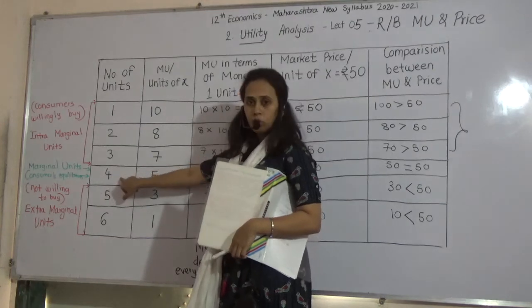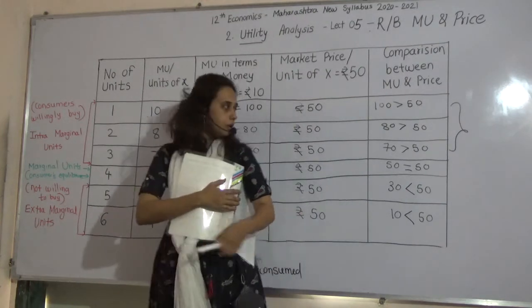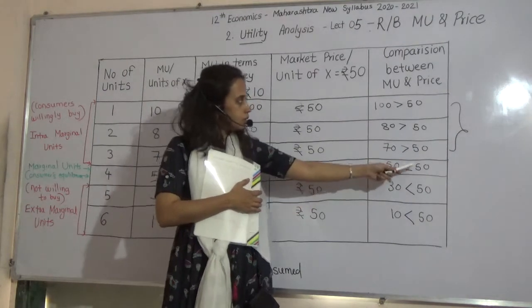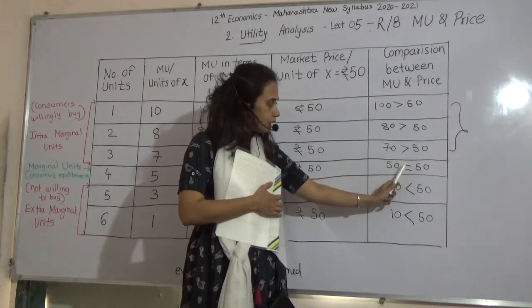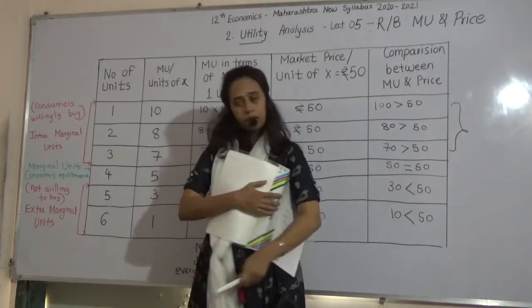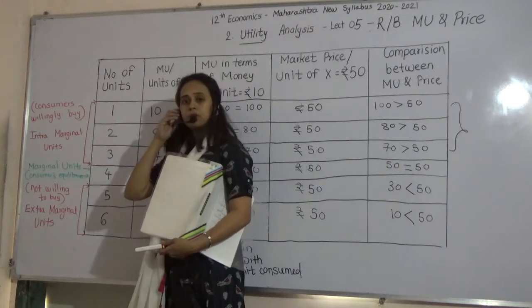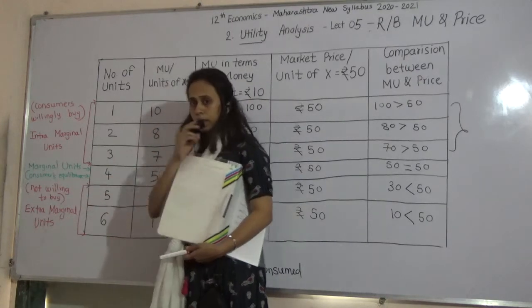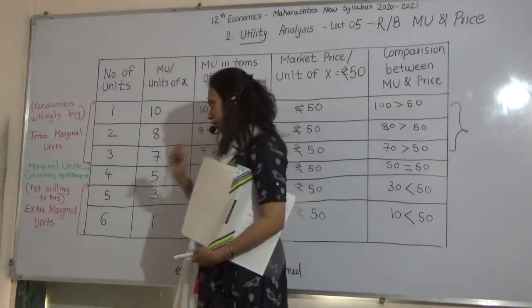Next, for the fourth unit, you can see here the figure is 50 and 50, means MU is equal to price. This concept is called marginal unit, and it is also called consumer's equilibrium.